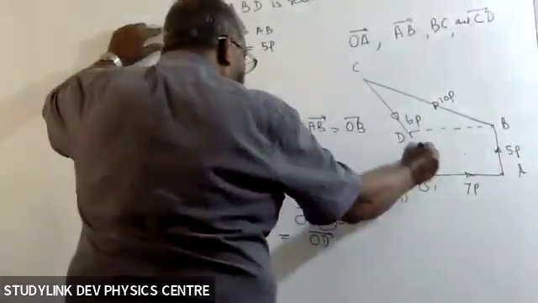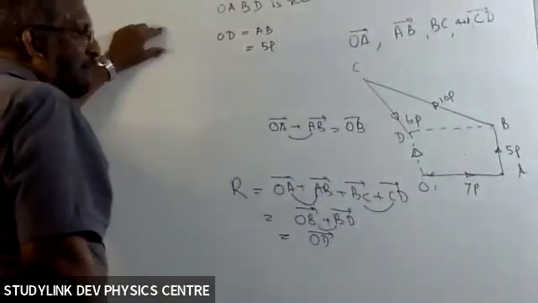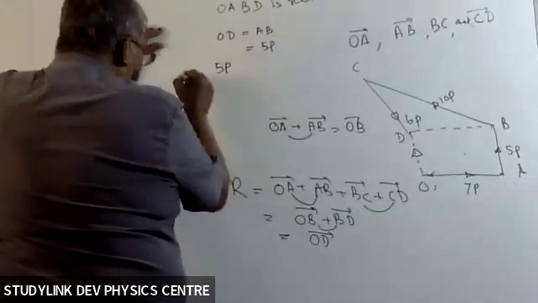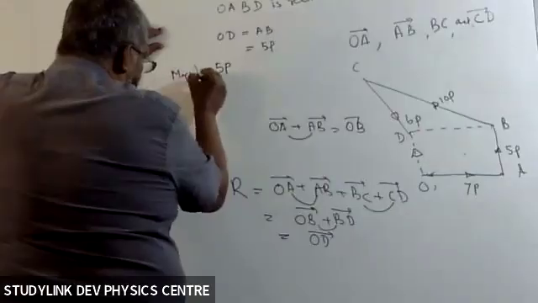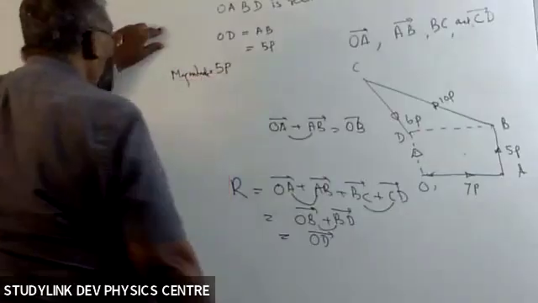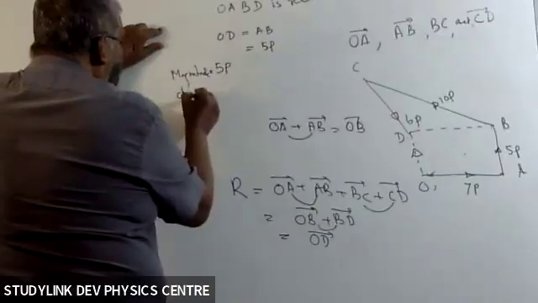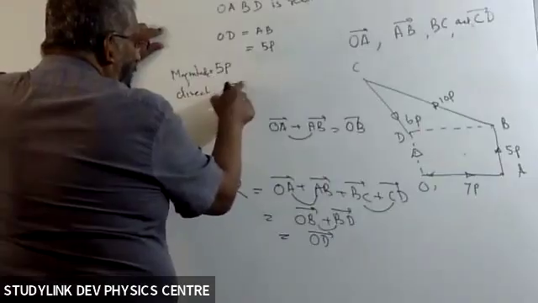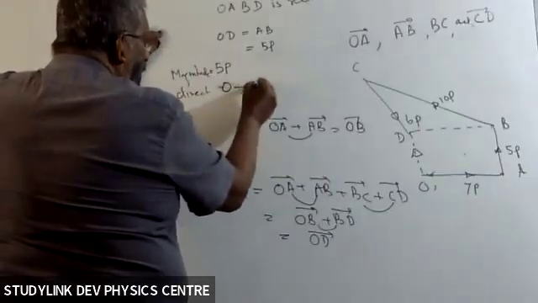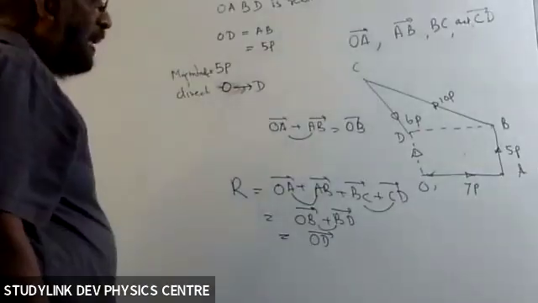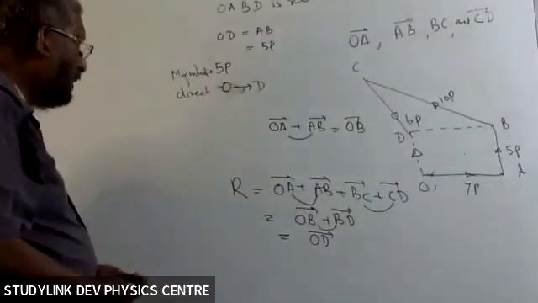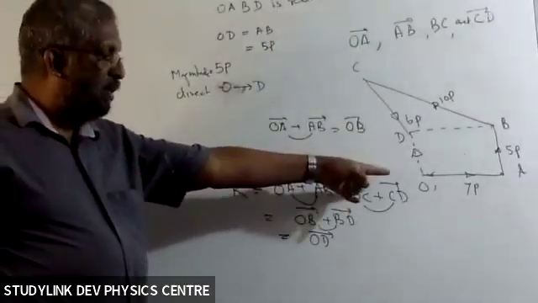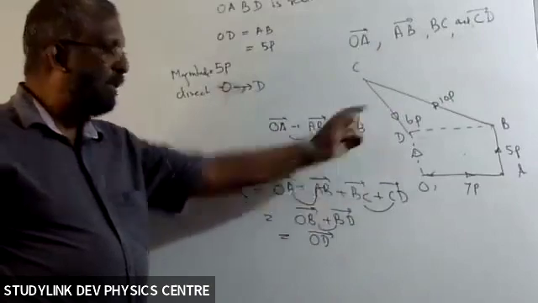Then O to D is this direction. Then the answer for the resultant is 5P magnitude, direction O to D, or we can say from O to D. The resultant is 5P towards, or from O to D.